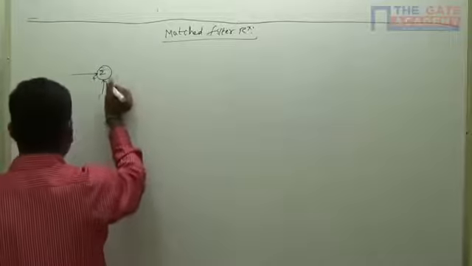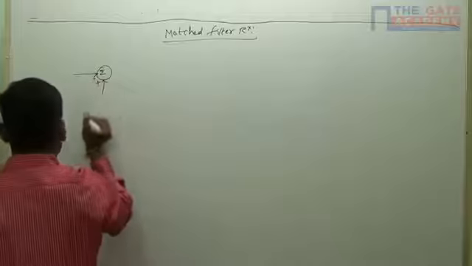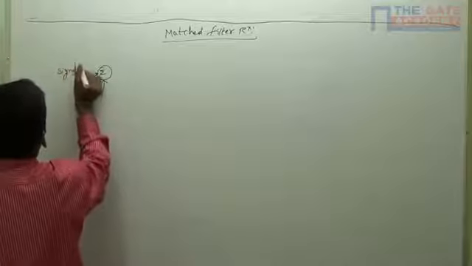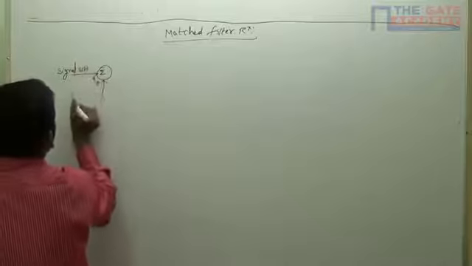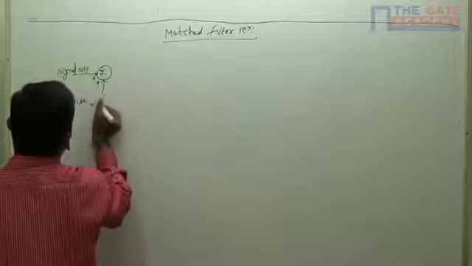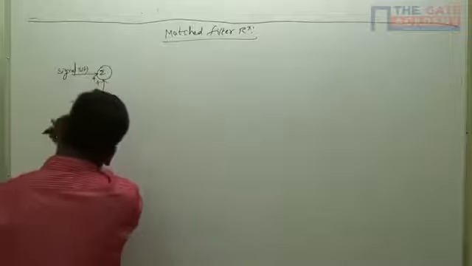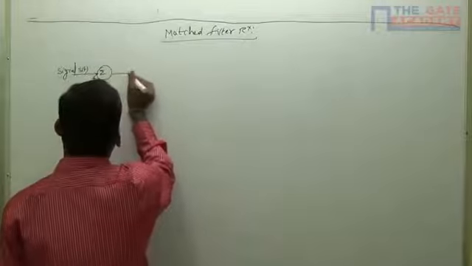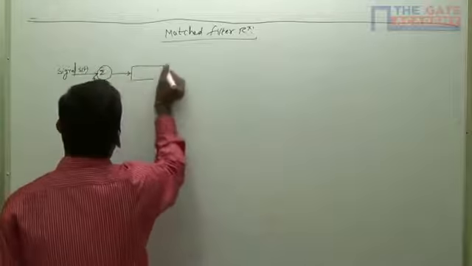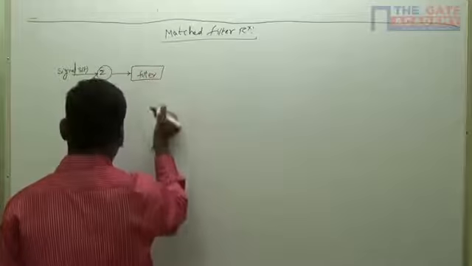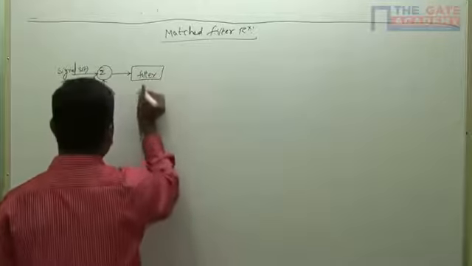Here we have the signal S of t plus noise N of t, then the filter H of t.